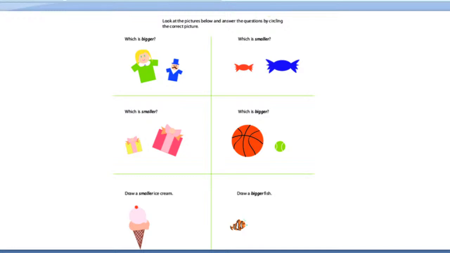So which one is bigger? Okay, so basketball, yes. Orange ball is a basketball and basketball is bigger. Good. You are right. Basketball is the bigger ball.